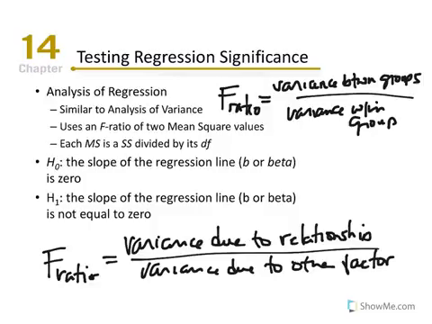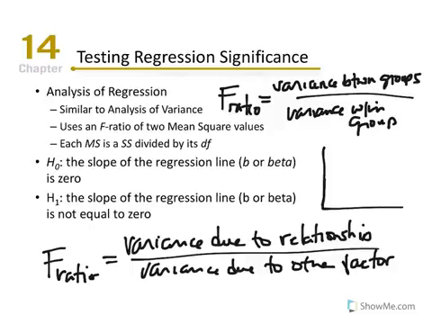So again, that residual, the difference between the actual and the predicted value, is the error, and that movement or variation is explained by other factors. And so the variance due to the relationship is what is grounded in our correlation coefficient. So our test of significance is going to be based on a null hypothesis that says the slope of the regression line, or beta, is equal to 0, so there's no relationship.